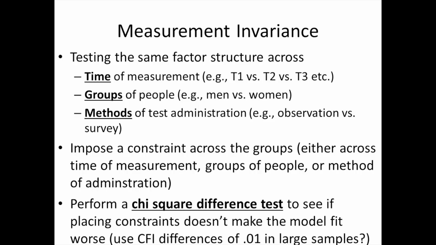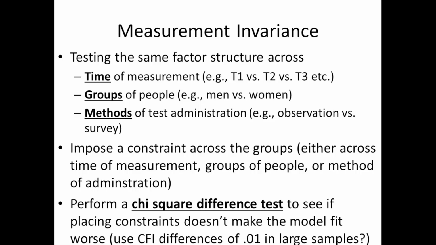The way we do this is we'll impose a constraint that a parameter, like a factor loading, will be constrained to be equal across groups. Then we'll test the model that has a constraint or constraints placed on it, and compare it to the model that is not constrained, where those parameters are freely estimated.